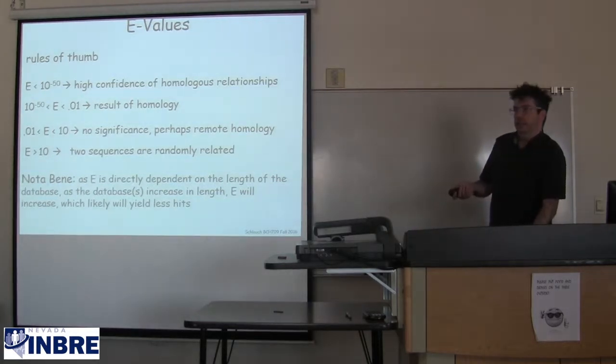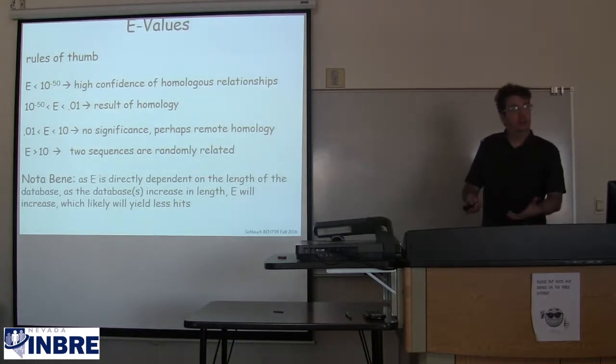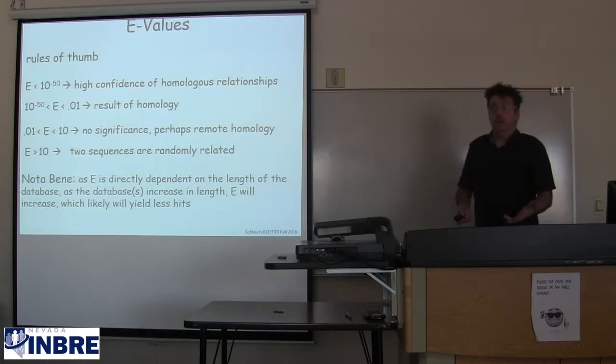So that's the null hypothesis. Everything above 1, it means that you're kind of barking up the wrong tree, that no matter how long that alignment is, it's really not unusual. The closer to 0 you are, the more likely it is that your similarity is real and strong.